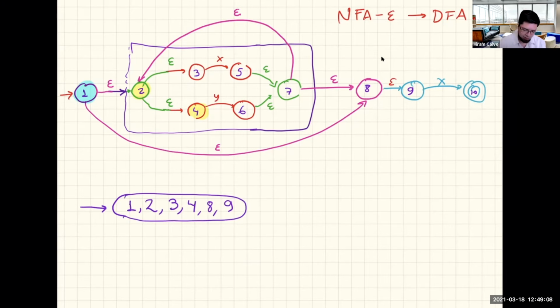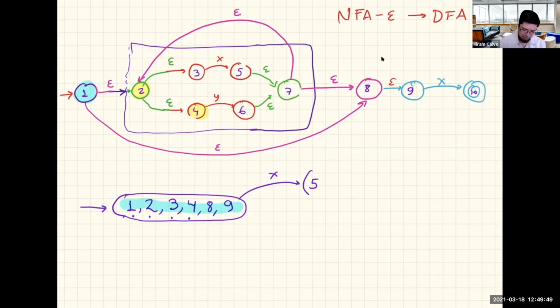That means let's work on this state and work on the arcs. Where do I go with an X? Okay, so 1 with X, nothing. 2 and X, nothing. But 3 and X, yeah, we go to 5. So I start writing 5. I leave this state open because we will merge it with other states. Not now, not yet. We keep doing this. We have verified 1 and X, 2 and X, 3 and X. Now 4 and X, this is nothing.